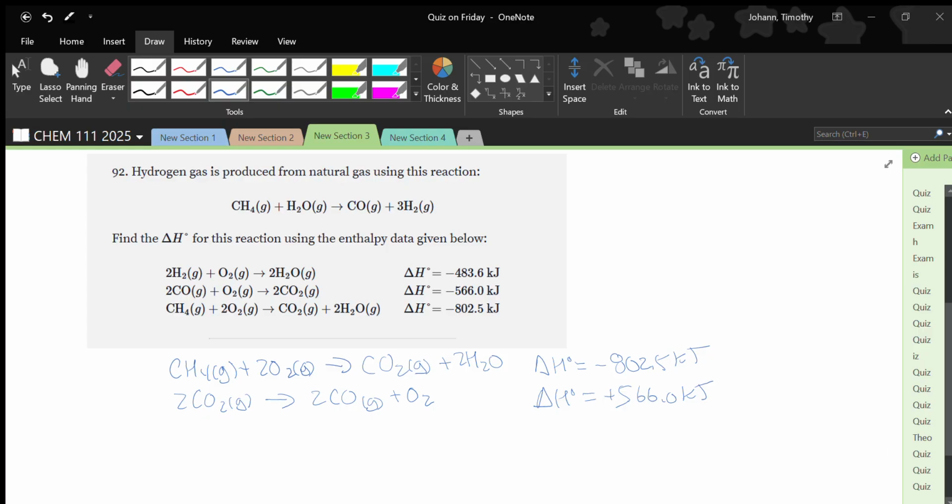What about the top one? Is there anything in the top one that it's only in one of these? So you see we have H2 here, we don't have H2 anyplace else, and H2 is a product, so I need to flip or not flip? Flip.